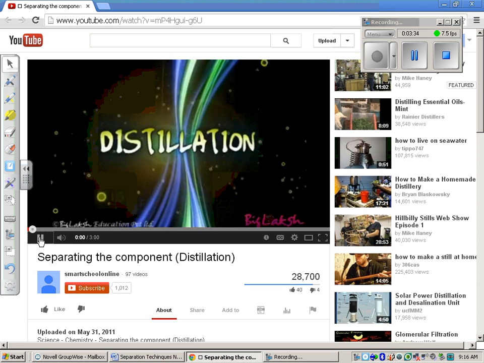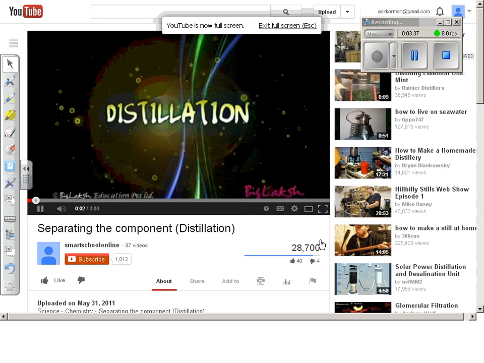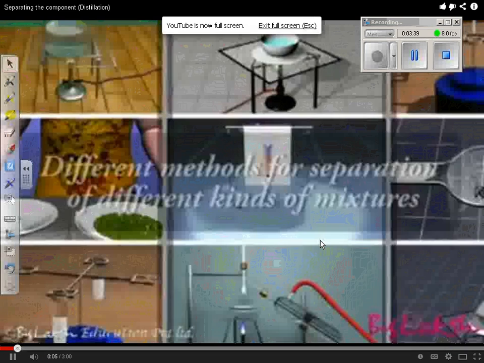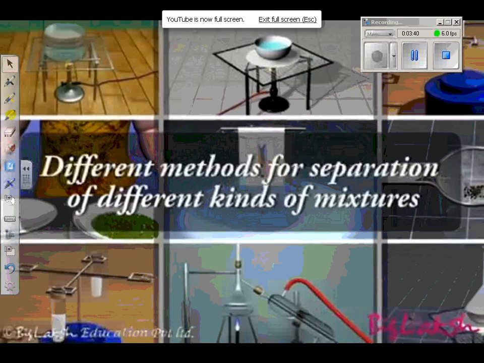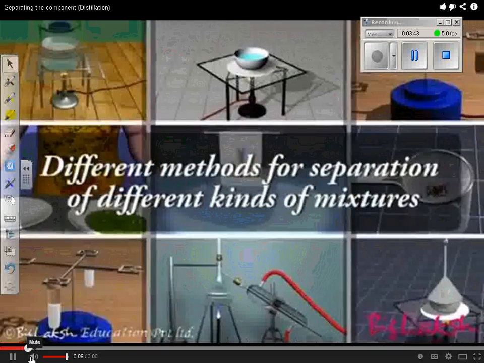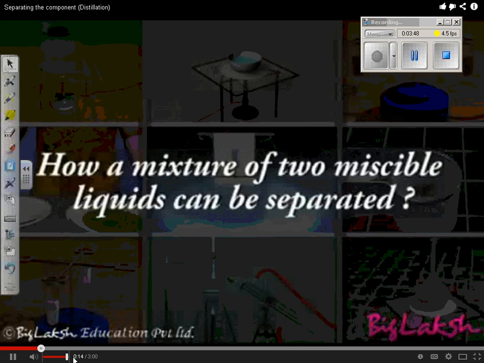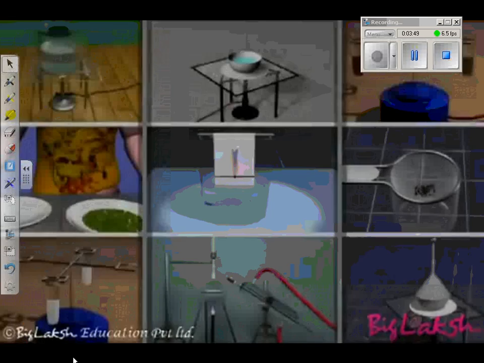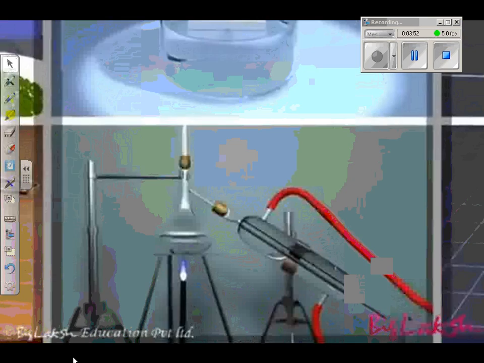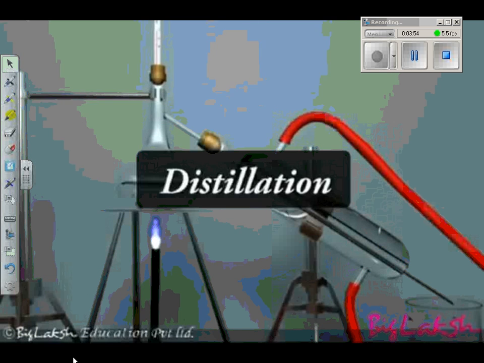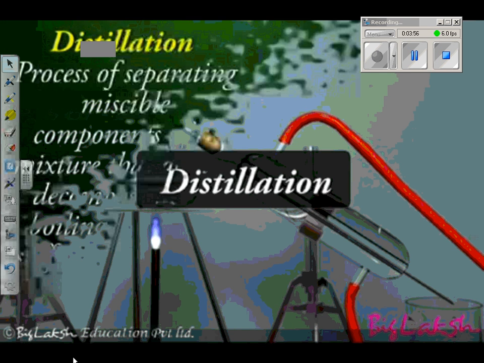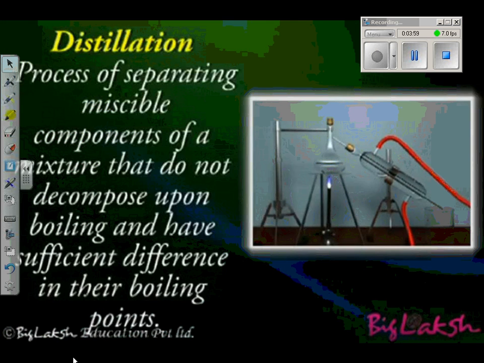All right. Hopefully. Distillation. We know that different methods are used for separation of different kinds of mixtures. But do you know how a mixture of two miscible liquids can be separated? Well, such a mixture can be separated by a method called distillation. Distillation is the process of separating miscible components of a mixture that do not decompose upon boiling and have sufficient difference in their boiling points.